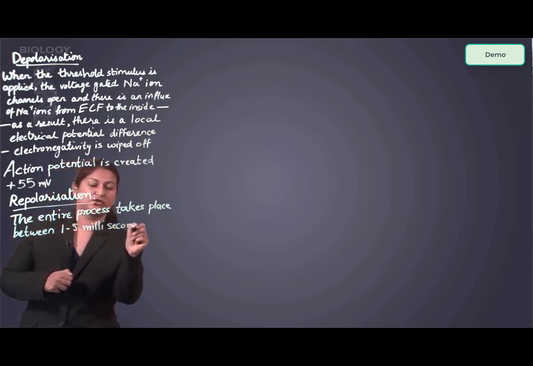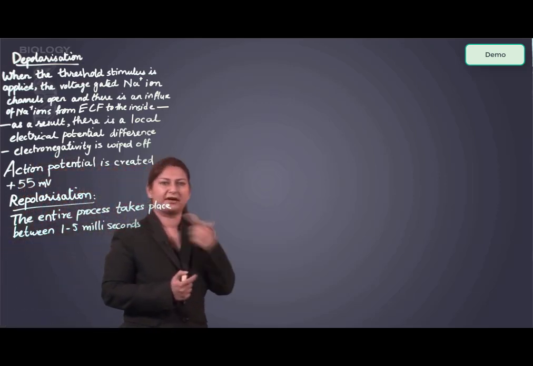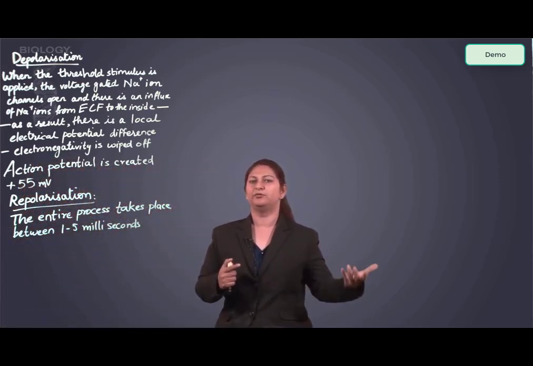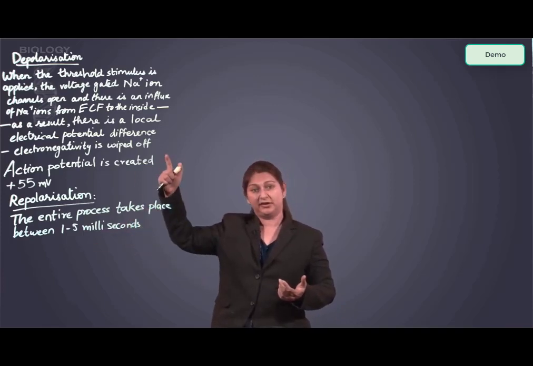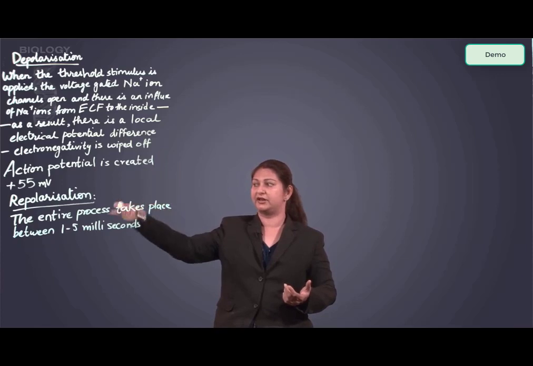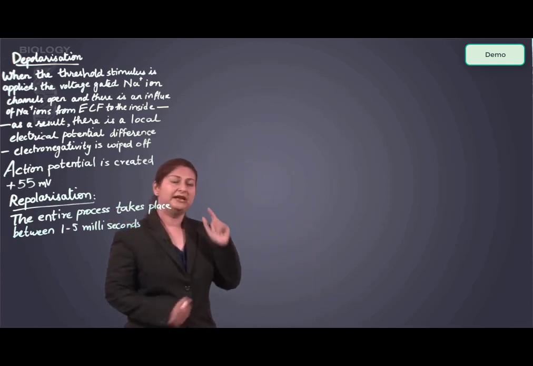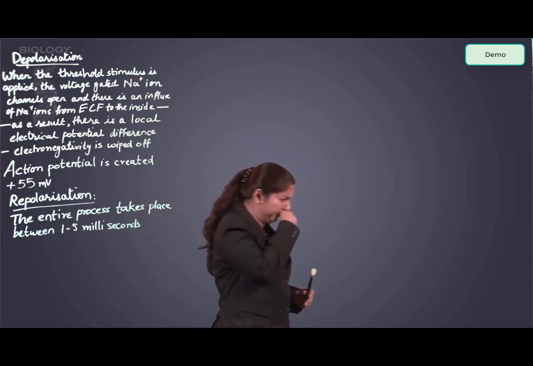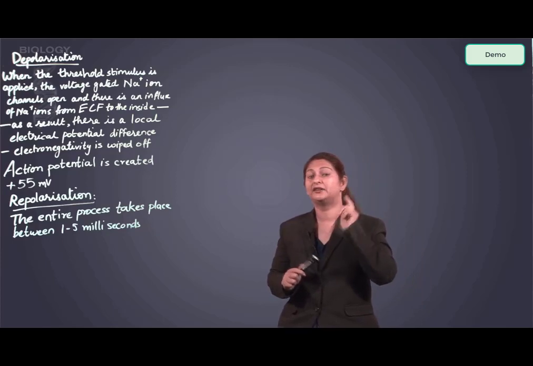All right, and so we don't even realize what is happening. The nerve impulse goes, comes back, and the action is actually brought about. So the entire process of depolarization, action potential and repolarization will take place between 1 to 5 milliseconds. And then after this comes a refractory period.